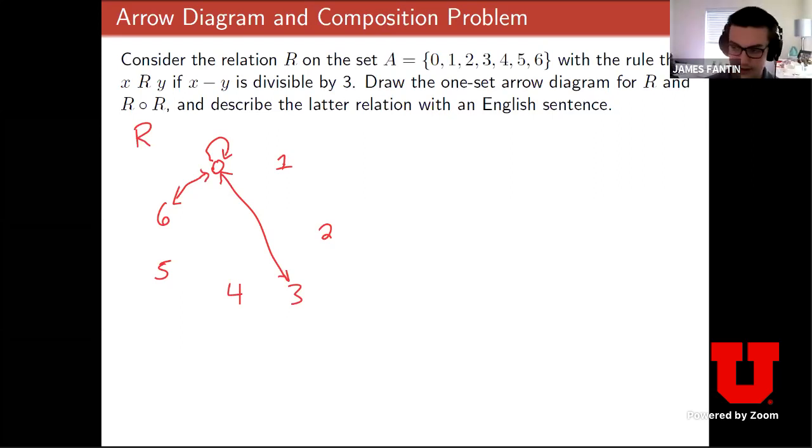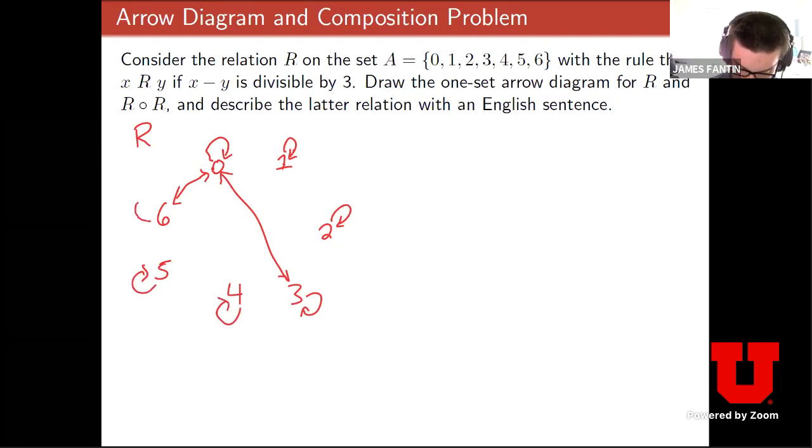And then we can figure that out for the other values. So every value will be mapped to itself, right? Because any of these values minus themselves will be 0, and 0 is divisible by 3. And then we can do a mapping.